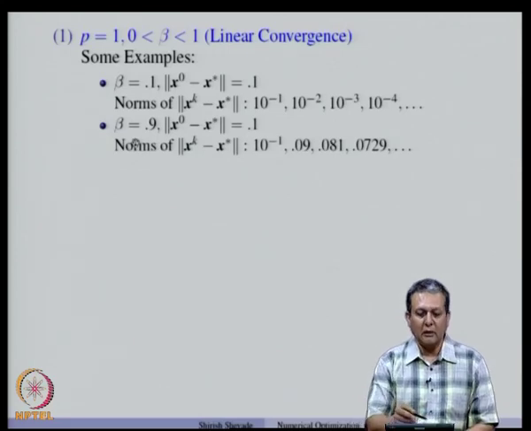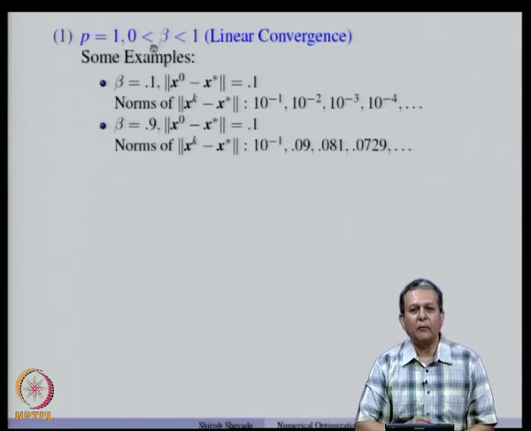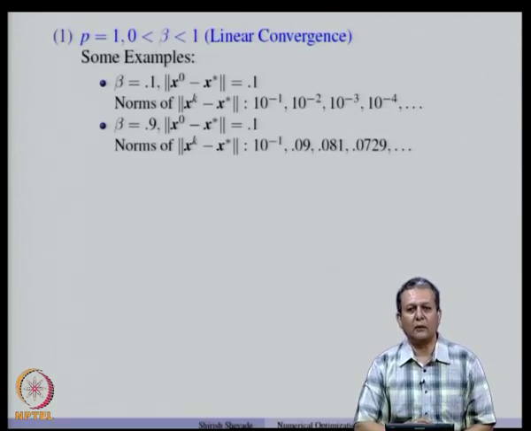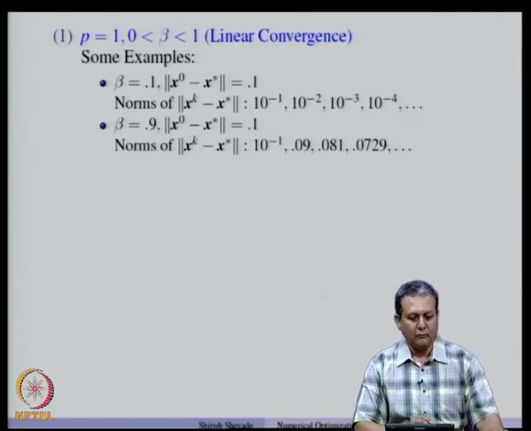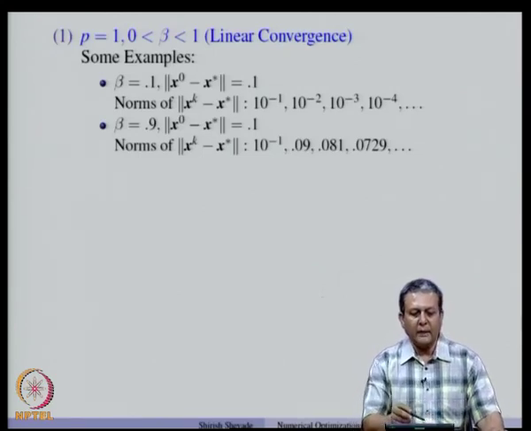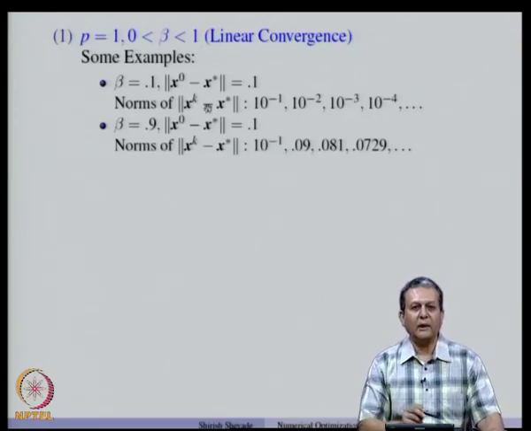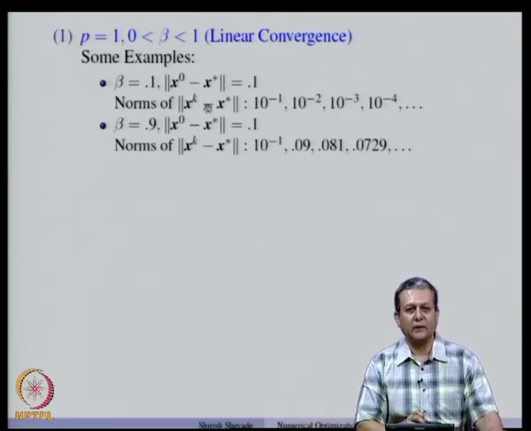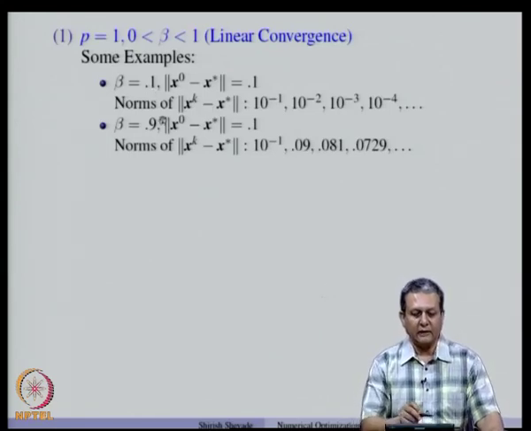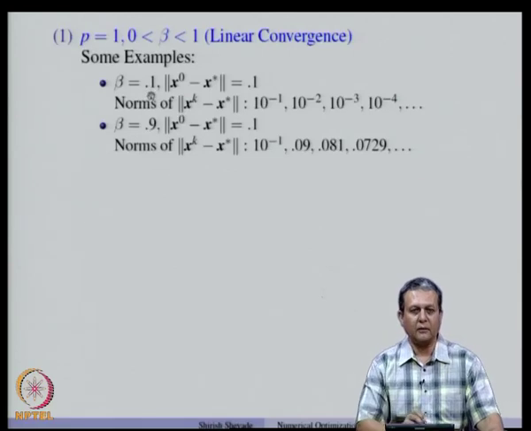So, typically when we talk about linear convergence, we would prefer beta to be closer to 0 rather than close to 1. And if beta equals 1, then you will see that there won't be a change in this particular example case, the first example.